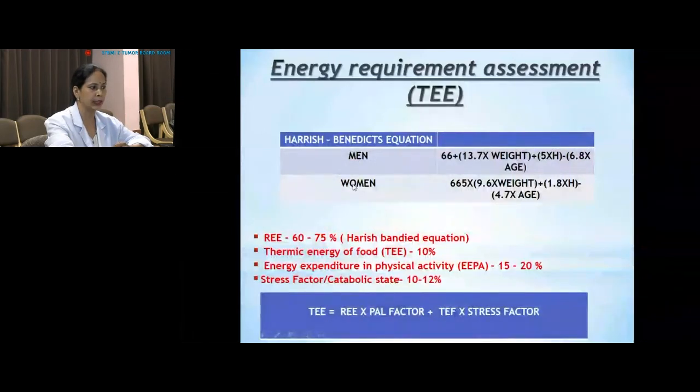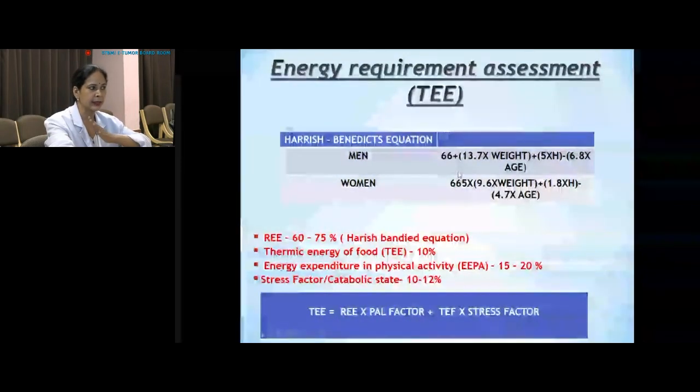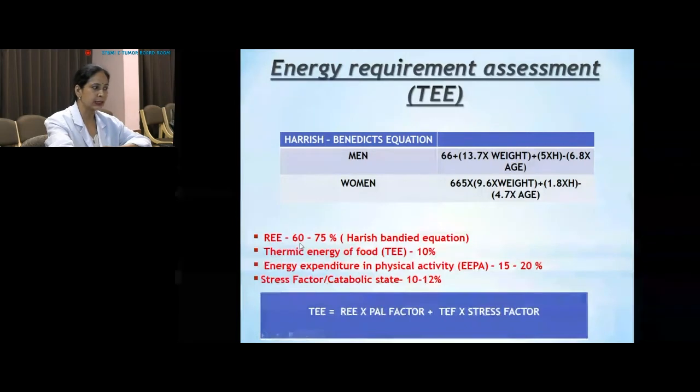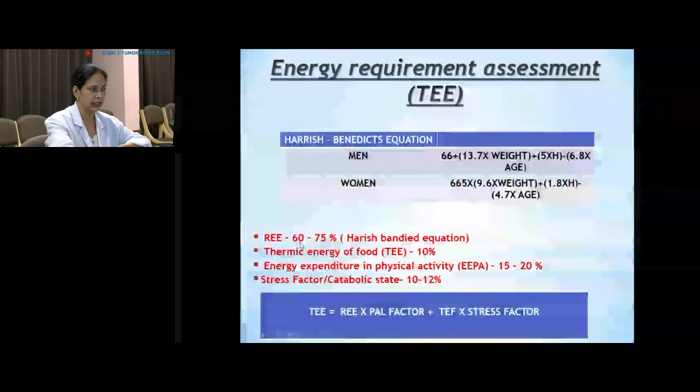By using this equation, one can decide the total calorie expenditure in basal or resting condition. Of the total recommended energy, 60 to 75% is consumed only in resting or basal condition.